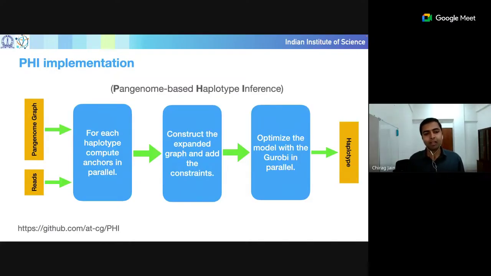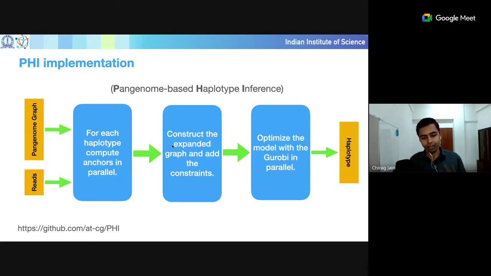So this is the overview of how we optimize this integer programming framework so that it can scale to practical instances. This is how we implemented this integer programming framework in a software called Phi. Phi stands for pangenome-based haplotype inference. The inputs are short reads and a pangenome graph. For each haplotype, we compute these anchors in parallel.